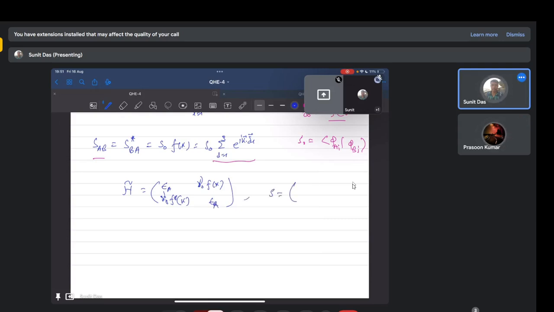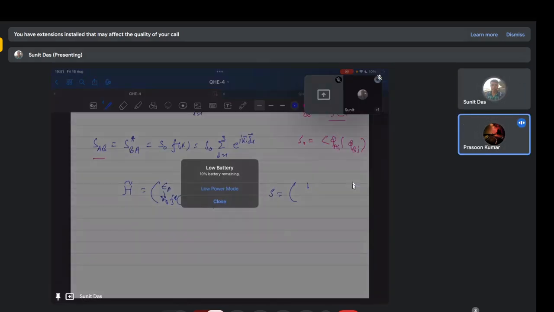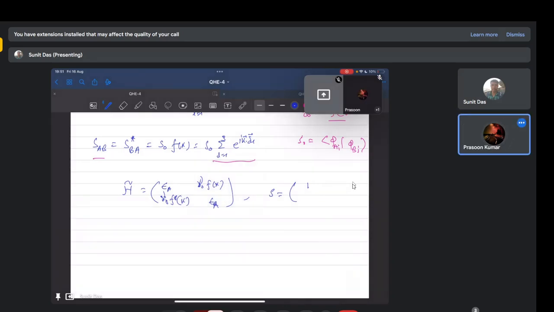And S: 1, S0 f of k, S0 f star of k, and 1, right?